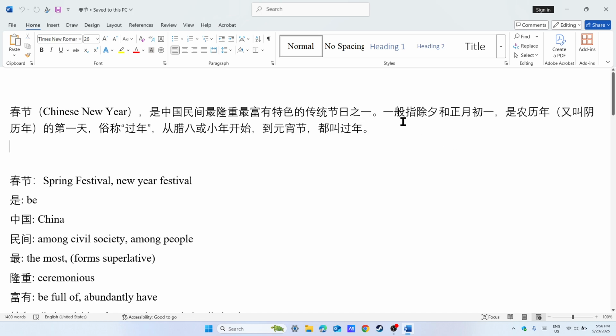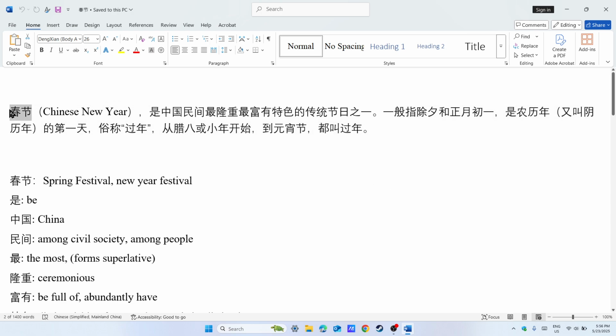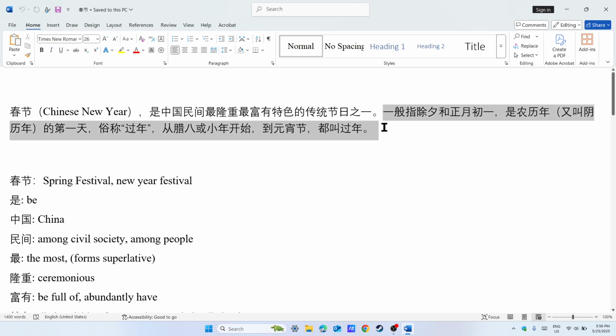Now the second sentence. There's no subject in this sentence. The author omitted the subject. The subject is 春节, but they omitted it in this sentence.